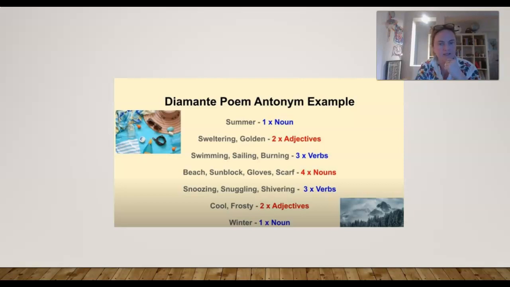Gloves, scarf, snoozing, snuggling, shivering, cool, frosty, winter. So we have two opposite topics, two opposite nouns. Half the poem is about summer and half the poem is about winter. And it changes on that fourth line right in the middle.